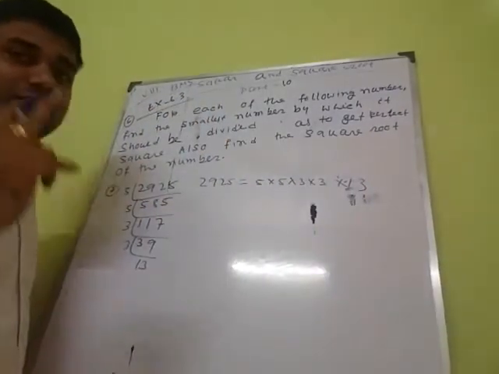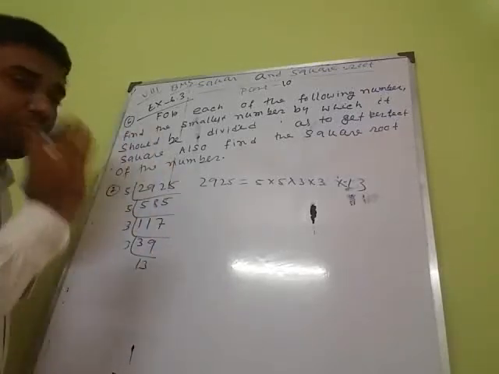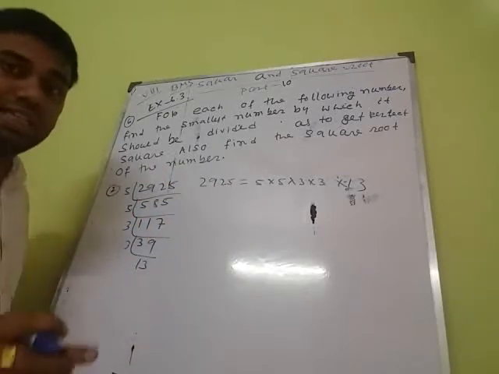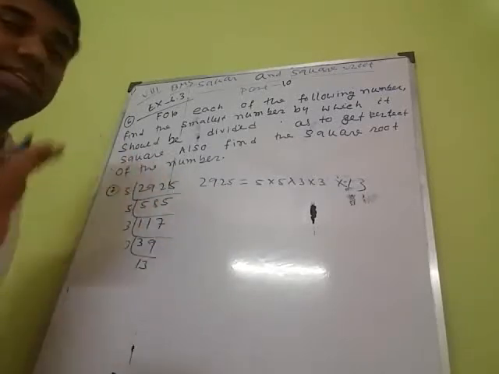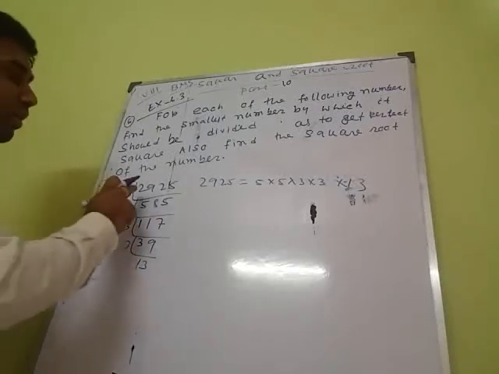So only 13 is the single term which is not in pair form. So you have to divide 2925 by 13 to change it into a perfect square number. The smallest number is 13.